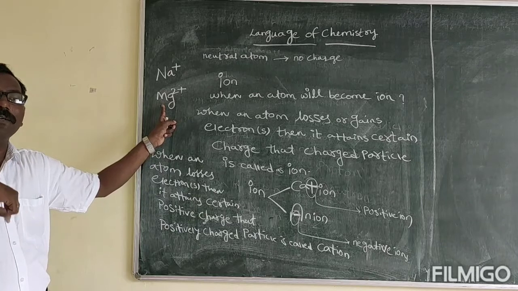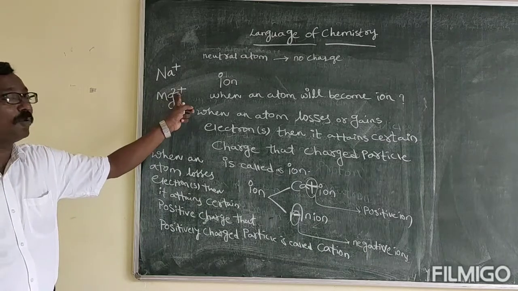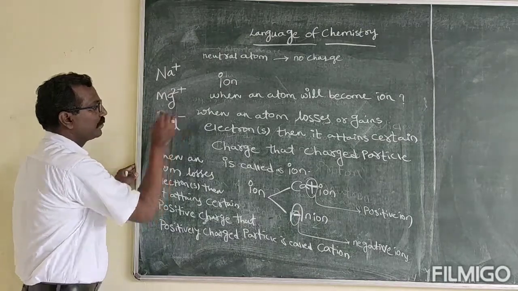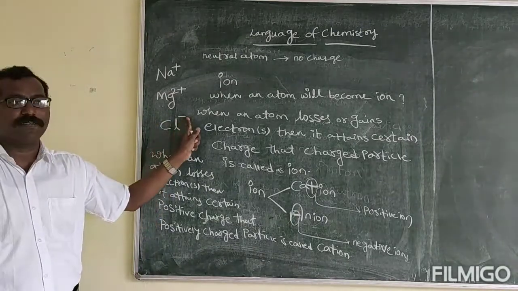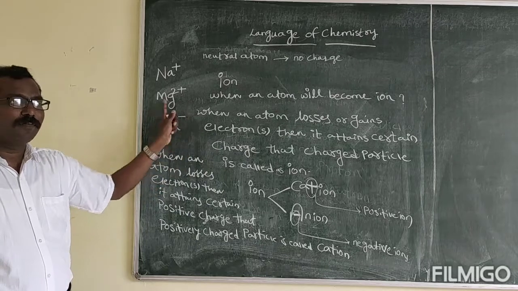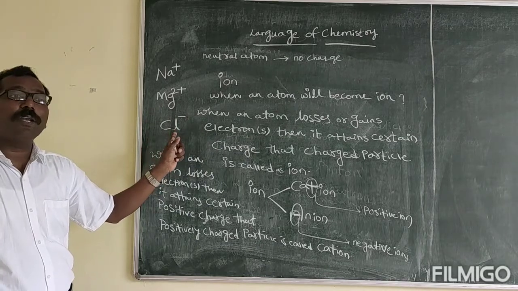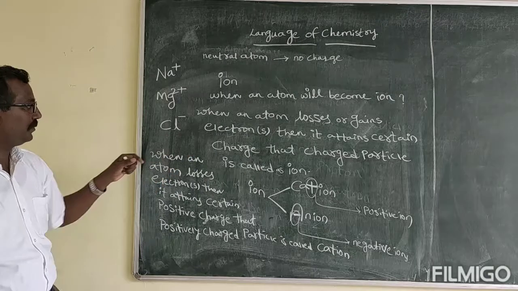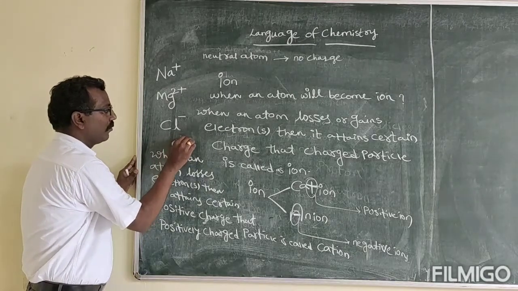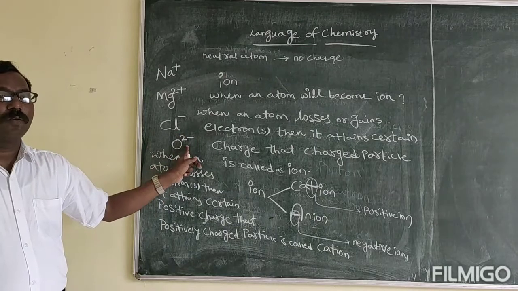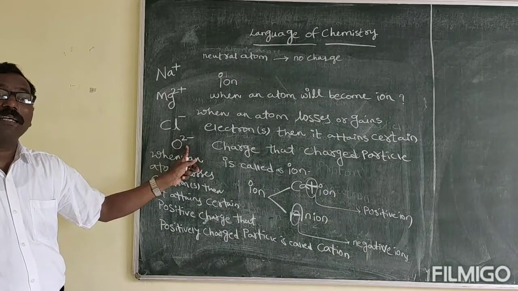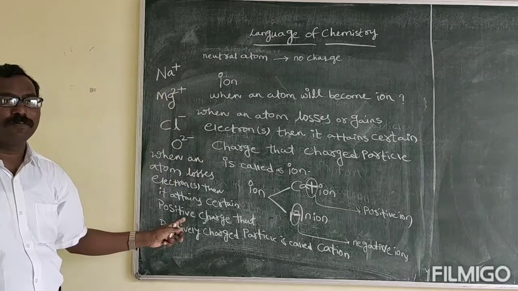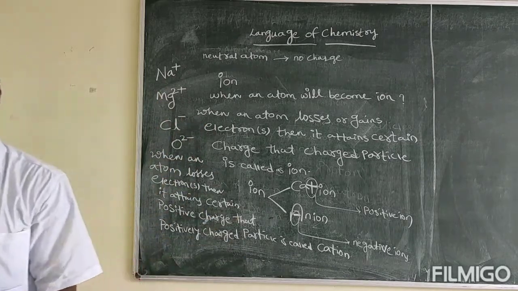Magnesium lost 2 electrons. Cl minus means chlorine gained 1 electron. Oxygen gained 2 electrons. Have you understood now? No doubt.